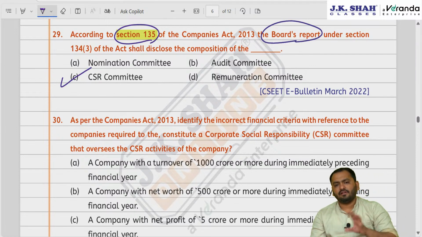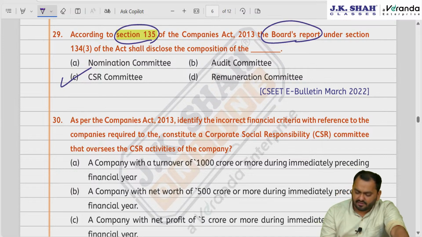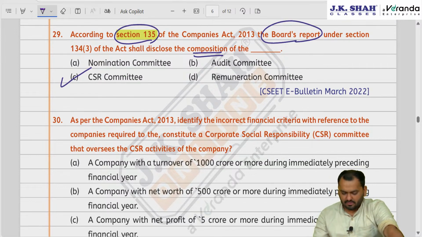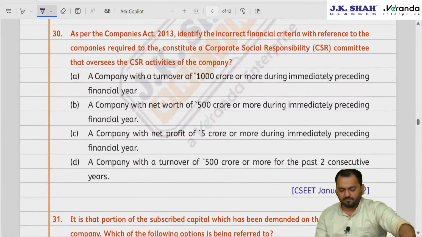If our company has a CSR committee, we need to disclose in the board report who all are part of it. So that's what it is saying: the composition of the CSR committee is mentioned in the board report. I hope this is clear. We go to the next part.